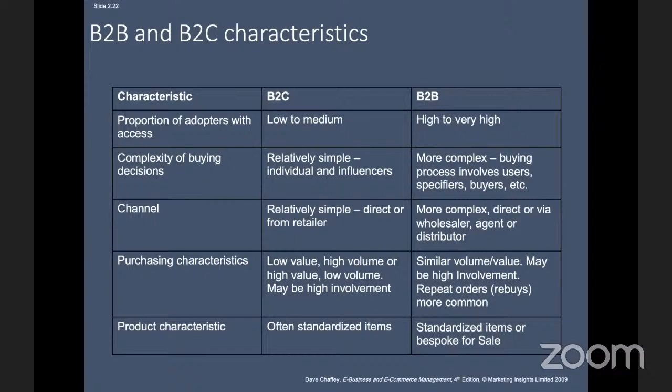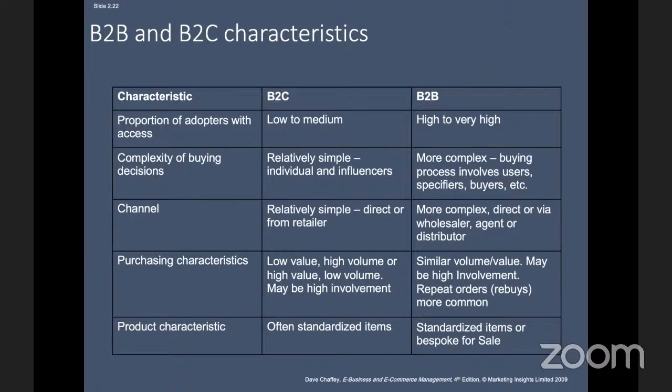Then the purchasing characteristics. In terms of B2C, low value, high volume, or high value, low volume, maybe high involvement. But in terms of B2B, similar volume and value, maybe high involvement, repeat orders and rebuys more common.